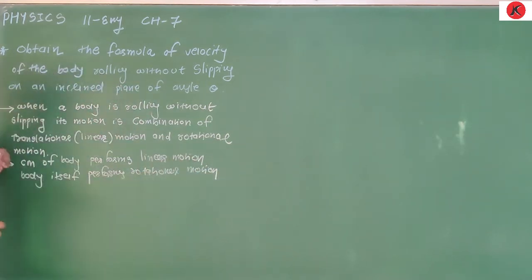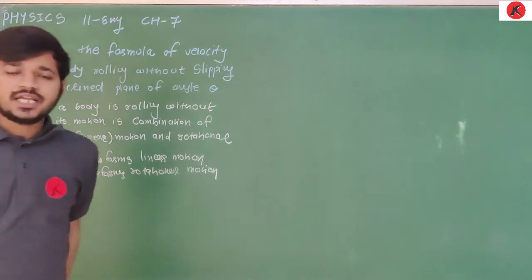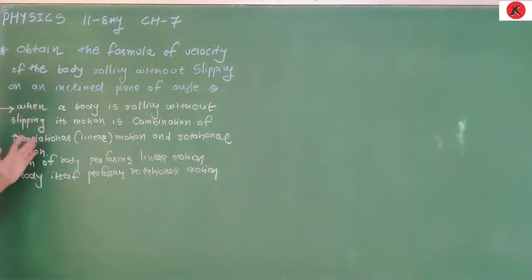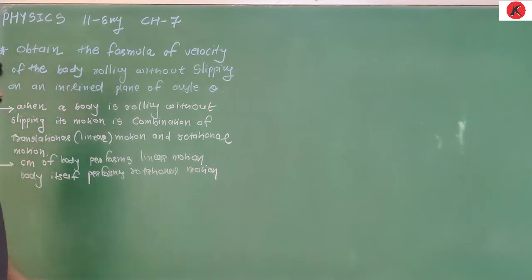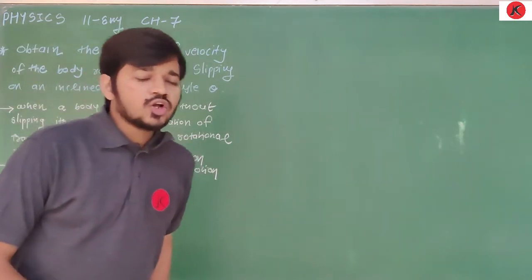So we know this conclusion from the last lecture. Rolling motion is a combination of two individual motions, that is translational motion and rotational motion.